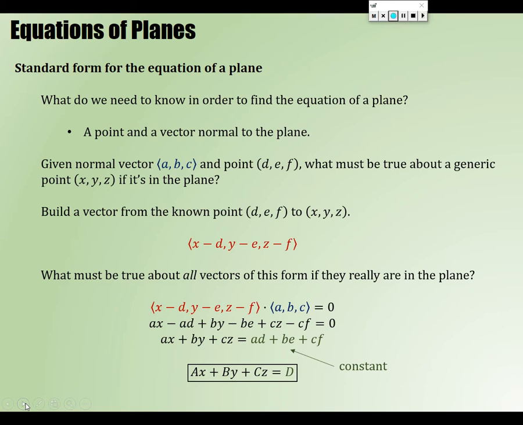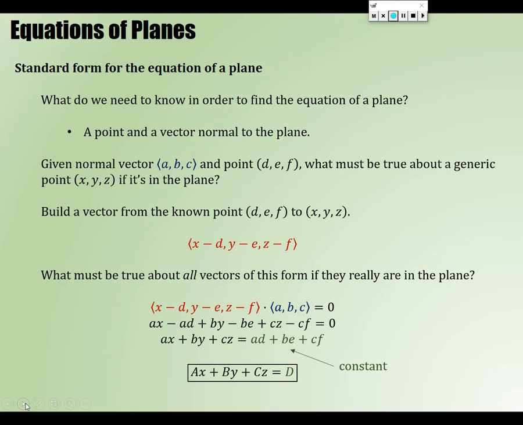But that's a plane. The point is something times x plus something times y plus something times z equals something is a plane. And before we leave this, we should notice a couple very important things, right? A, B, and C, which are corresponding to little a, little b, and little c. If someone hands you the equation of the plane, you should be able to see right away the coefficients of x, y, and z are actually what?